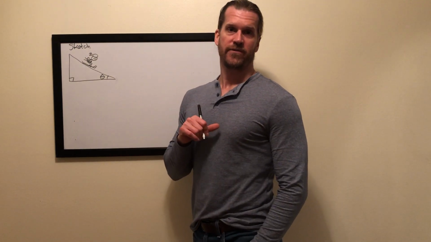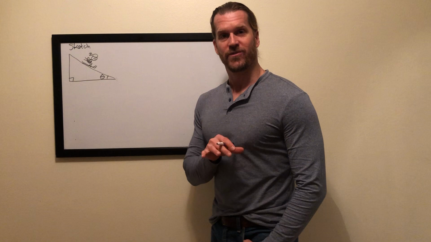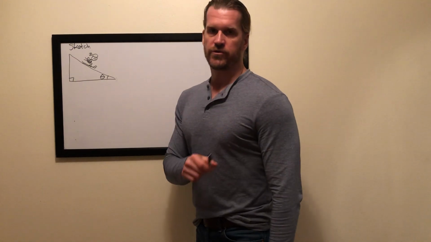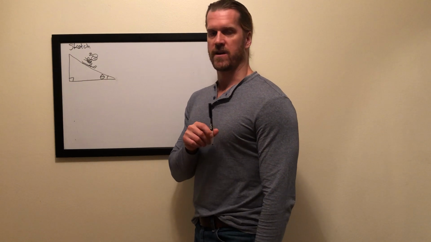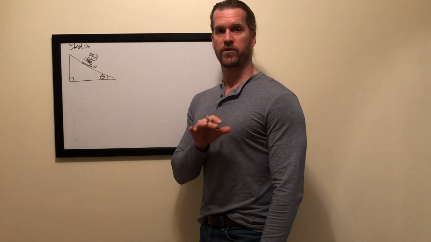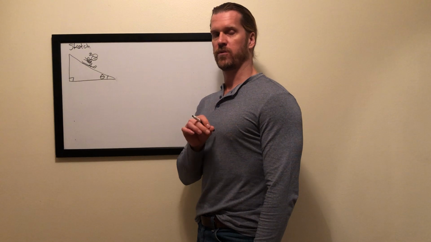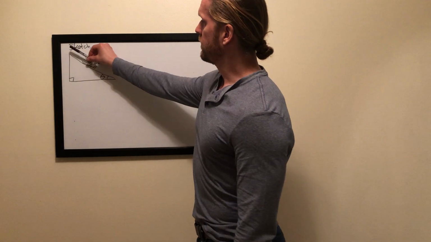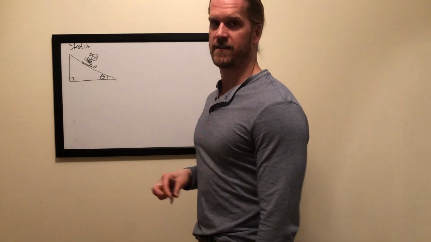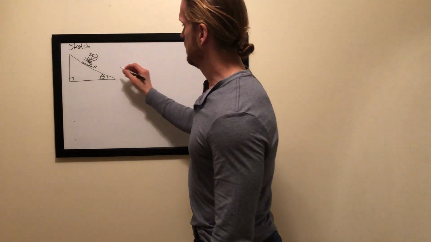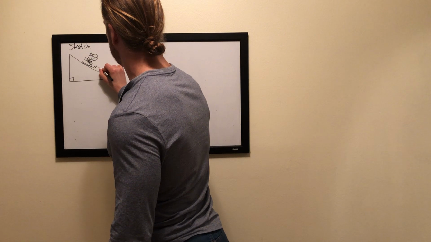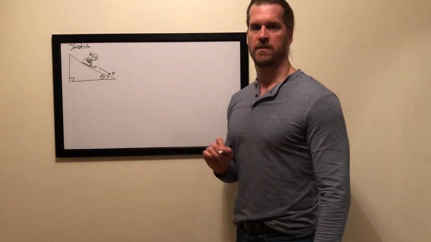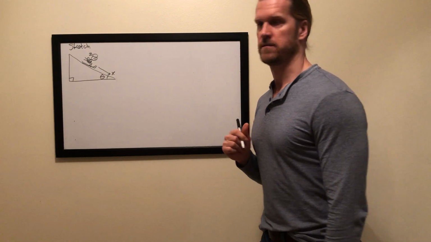Now let's draw a free body diagram for this, but I'm gonna warn you, this is kind of weird. Usually, when we draw a free body diagram, we like to choose one of the coordinate axes to coincide with the direction of motion. So since the skier is sliding down the hill, let's make one of our axes, call it the x-axis, line up with the hill.